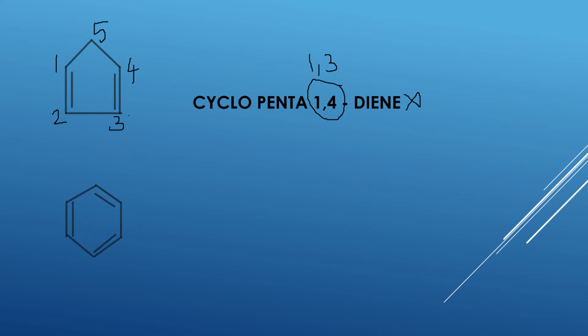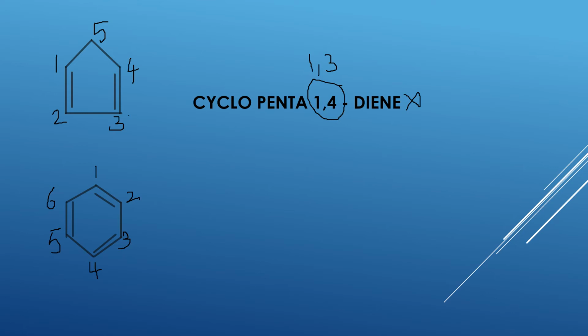Then next one. What about this? Again we can give the numbering. Wherever you give the numbering, like I want to give the numbering here, from here onwards I want to start. So first, second, third, fourth, fifth, sixth. Okay. Now first carbon, double bond is there. Third carbon, double bond is there.